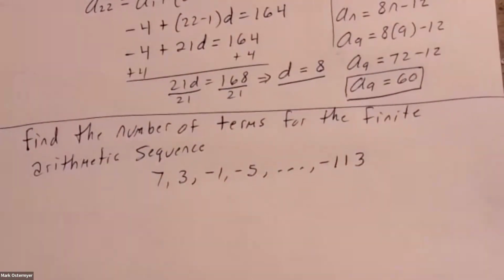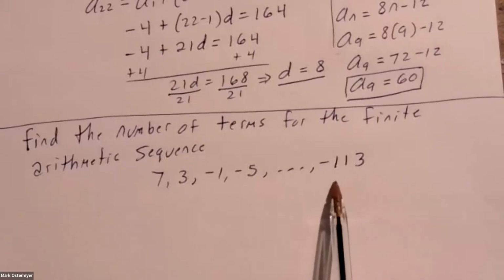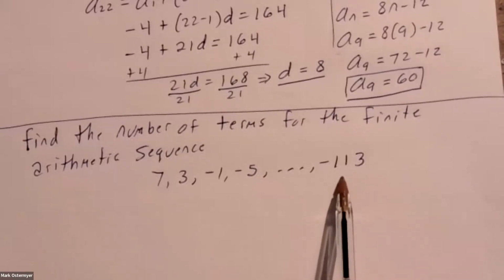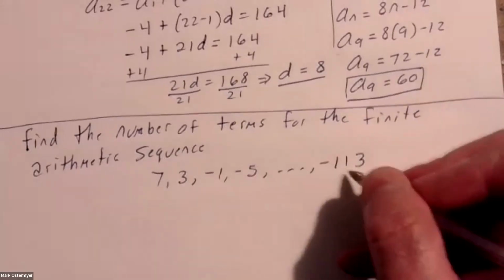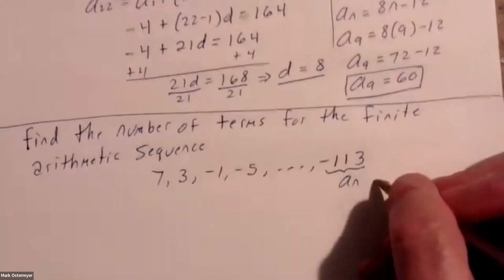All right, so we have a finite arithmetic sequence here, and we need to know how many terms are in this sequence. In other words, this is my first term, second term, third term, fourth term, but I don't know what term this is. I don't know if this is my 10th term, my 20th term, 50th term, I don't know. This is all we know right now is we can say this is our nth term.